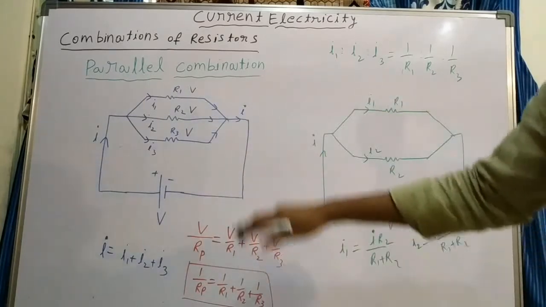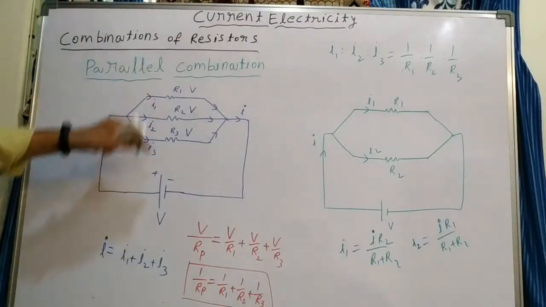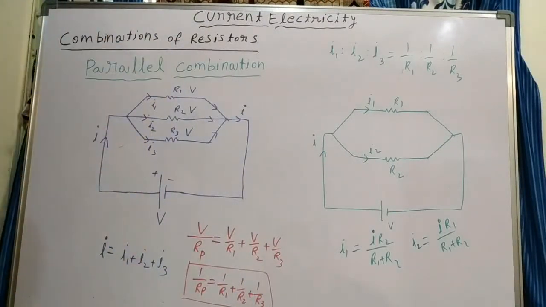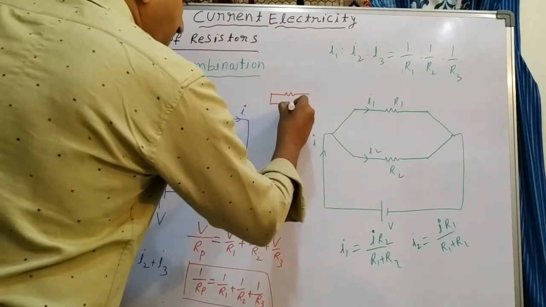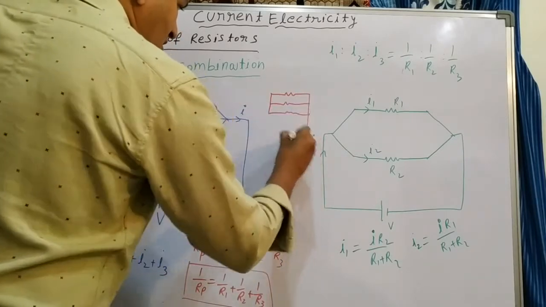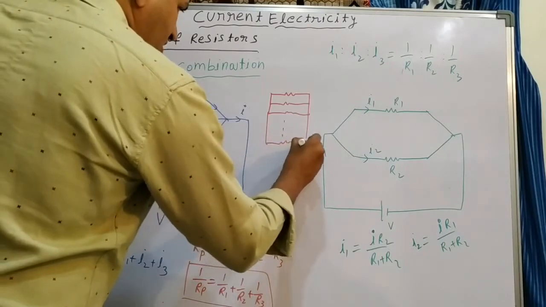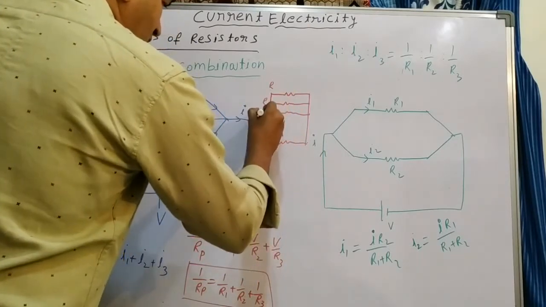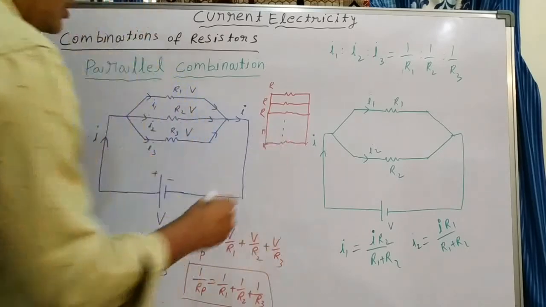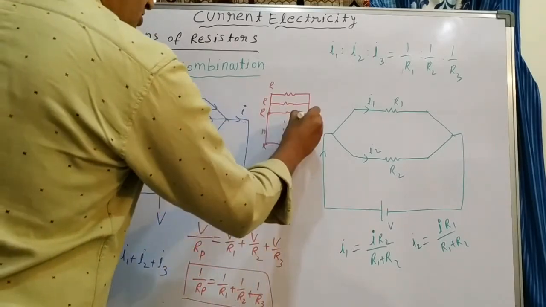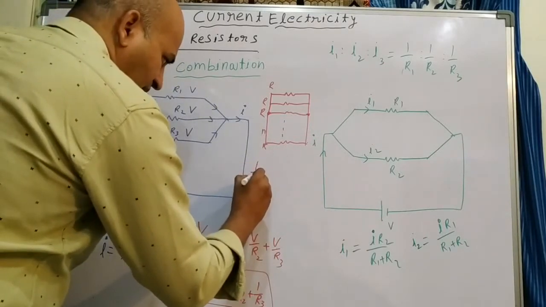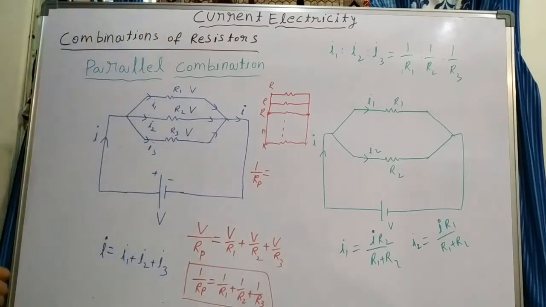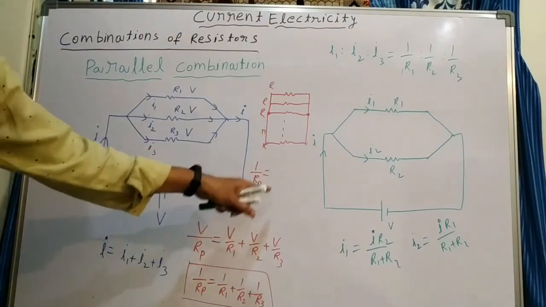Suppose n number of resistors are connected in parallel. All are identical resistors, each of resistance value R. Then what is the resistance between these two points? 1 by R parallel is equal to, what is the formula? 1 by R plus 1 by R plus 1 by R, like that.